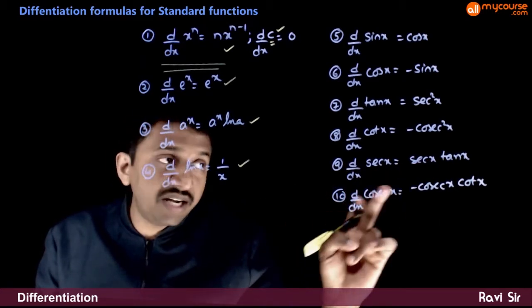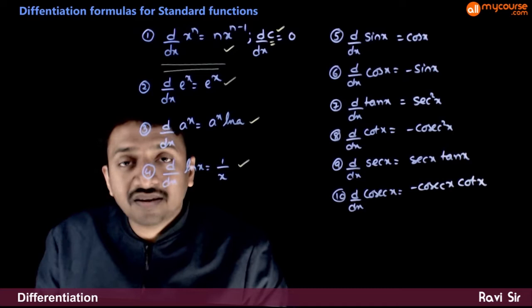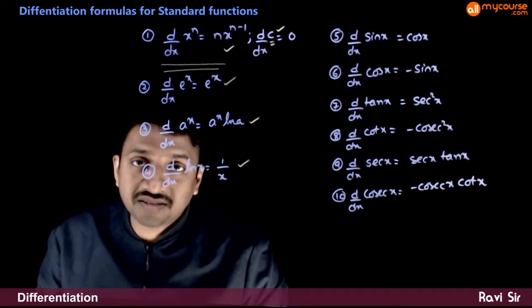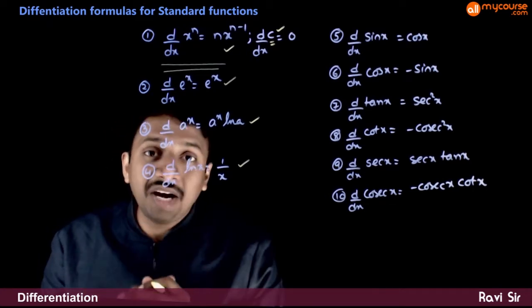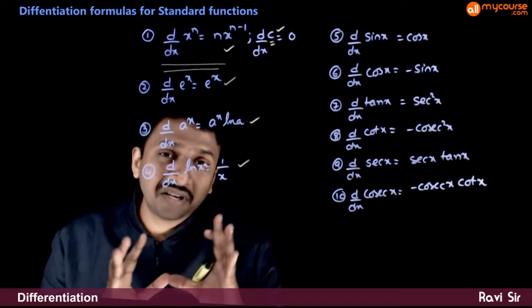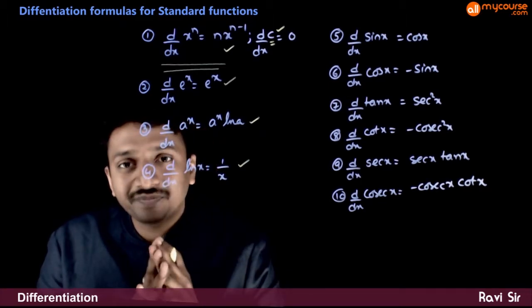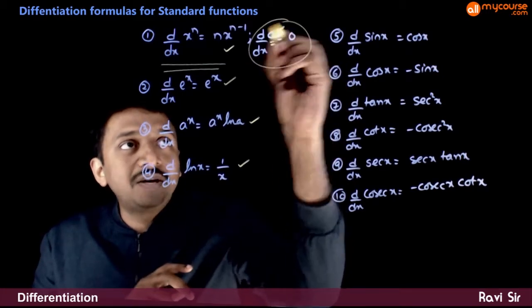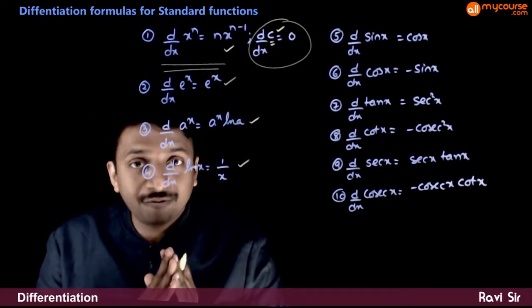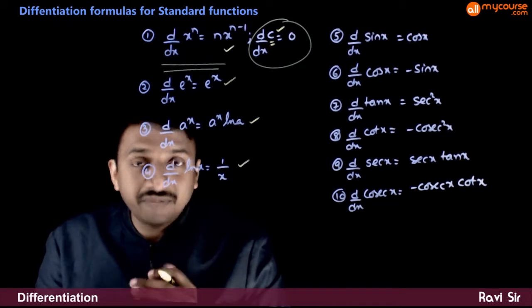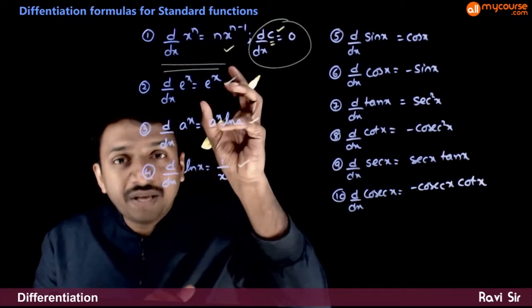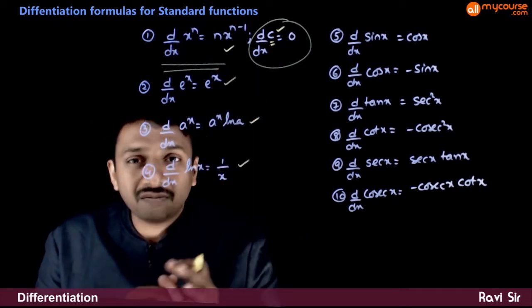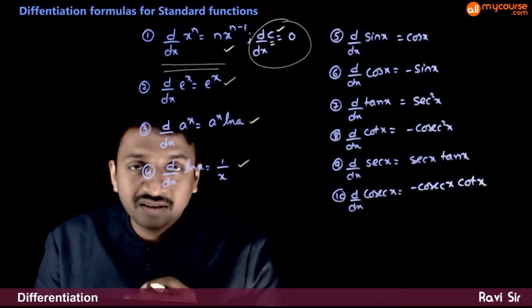D by dx of cosecant x is minus cosecant x cot x. So these are the 10 basic formulas which you always need to remember. So d by dx of a constant is equal to 0. This is also a very important formula. And apart from this, there are some specific applications of these formulas which you need to specially remember.